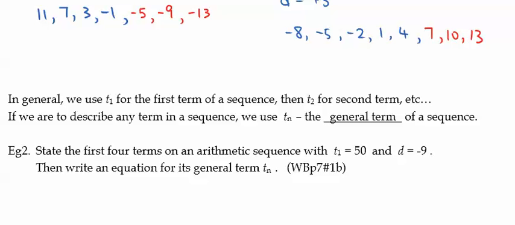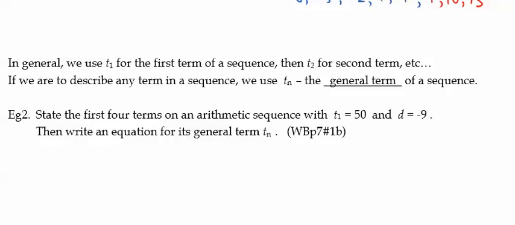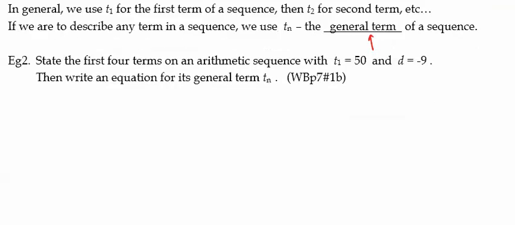So here I'm going to use example number 2 to show you how we can use terms in the sequence to generate a formula. And that formula will then be the equation for you to figure out any terms in your sequence. We call that formula the general term of a sequence.